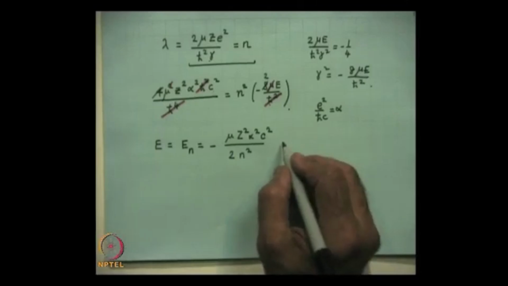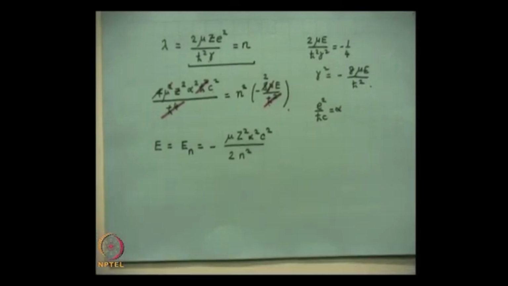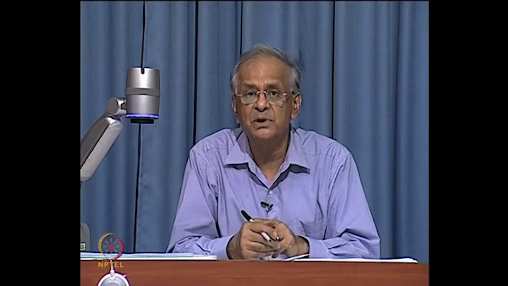So, therefore, these are the discrete energy states of the hydrogen atom, and it is a remarkable triumph of the Schrödinger equation. Schrödinger obtained this in his very first paper in 1926. He wrote a series of 3 papers which gave birth to the field of quantum mechanics or wave mechanics.